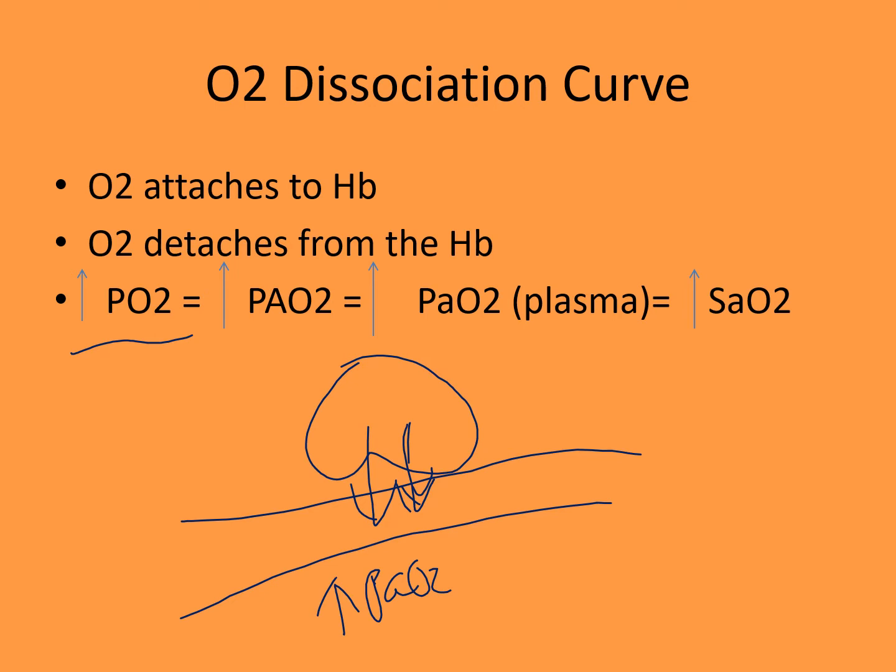And that keeps going and going. So in order to get a high PO2, I need to get a high alveolar oxygen level.